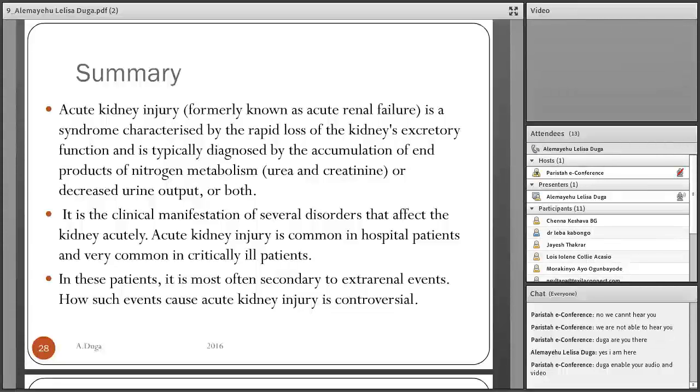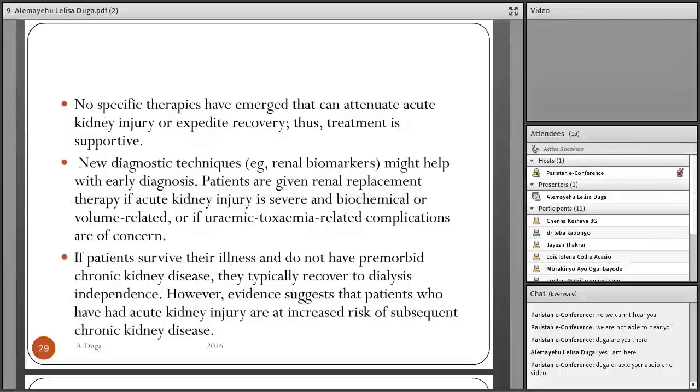In these patients, it is often secondary to external events, and how such events cause acute kidney injury is also controversial. There is no specific therapy for acute kidney injury other than supportive therapy.